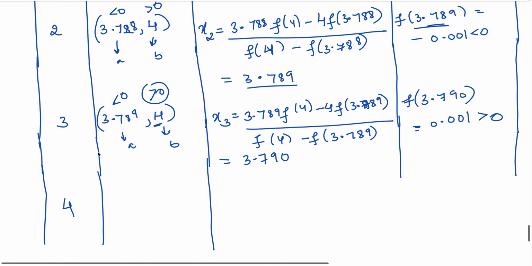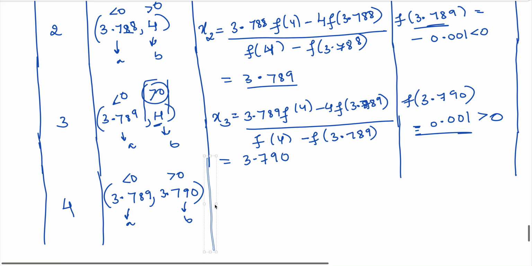Our next interval is 3.789, which stays as it is, comma 3.790, because we replace the one which gave us greater than 0. So this was giving us less than 0, this was giving us greater than 0. This is our new a, this is our new b.